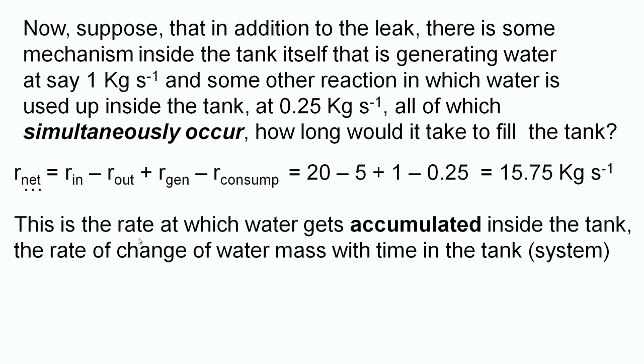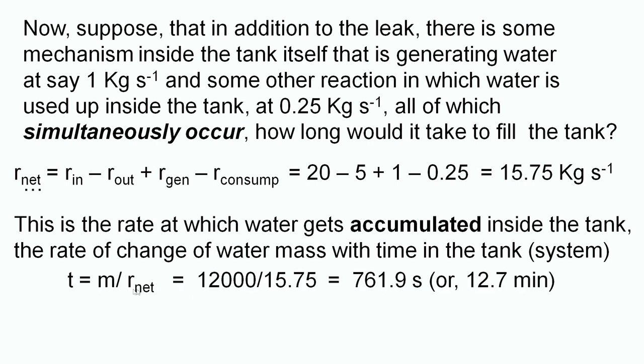So, this is the rate at which water gets accumulated inside the tank, the rate of change of water mass with time in the tank. So, that will turn out to be 12,000 kgs divided by the net rate, which is 15.75 kilograms per second, which turns out to be 761.9 seconds or 12.7 minutes.